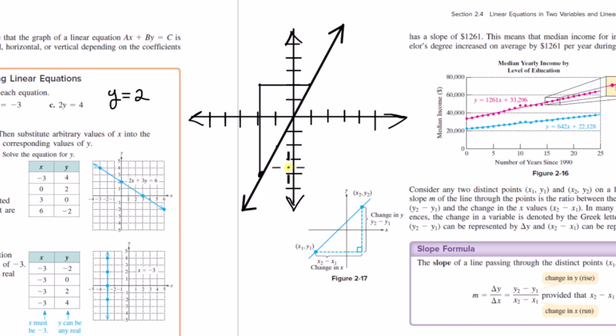So we went 1, 2, 3, 4, 5, 6 units vertically, and then 1, 2, 3 units horizontally, but you're still just dividing the amount you moved in the y and x to get back to the line. In general, to fully generalize any line, you're dividing the amount you moved in the output by the amount you moved in the input.